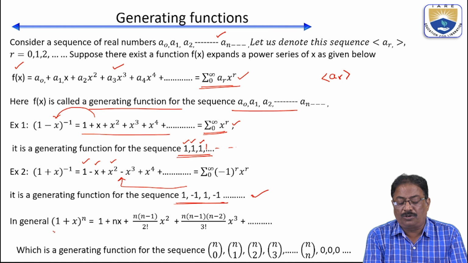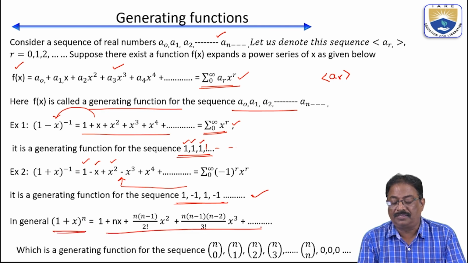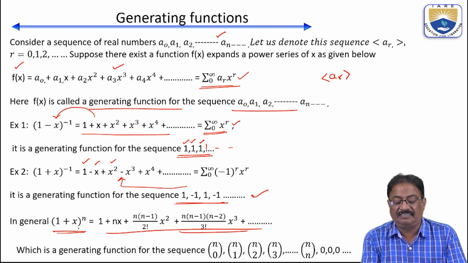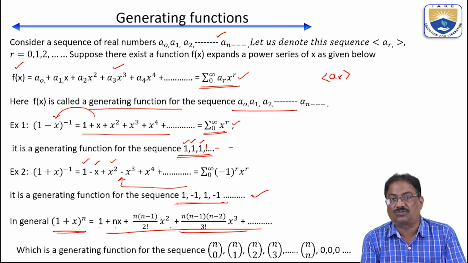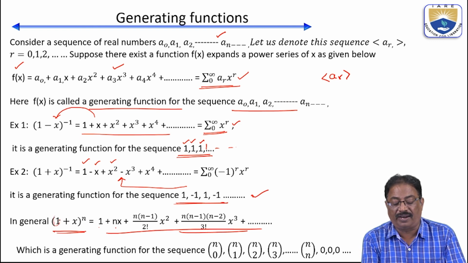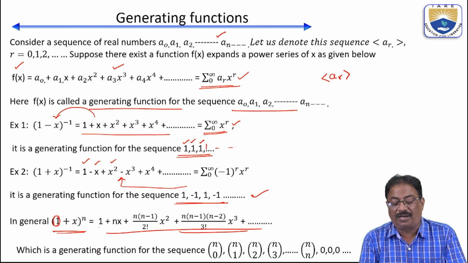Now suppose I expand this using the binomial theorem. Then I get the expression 1 plus nC0, nC1 x, nC2 x square, nC3 x power 3, because 1 is there, so 1 to the power of n, 1 to the power of n minus 1, whatever the value is, it is 1 only.